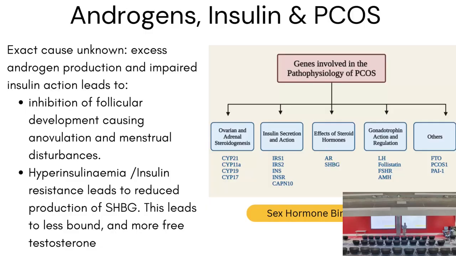SHBG binds to that testosterone to regulate how much active testosterone you've got. So you might have a whole load of testosterone, you might have a whole load of bound testosterone, but it's only that free testosterone which is going to be biologically active. So if we see a reduction in that SHBG, then we have more free testosterone, and in the female body, this is where we get those clinical symptoms as a consequence for this.